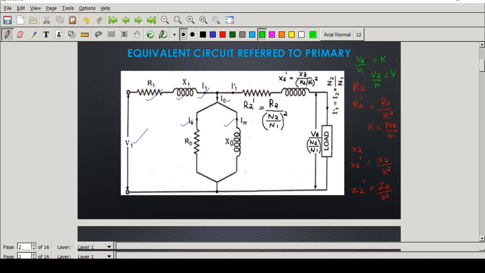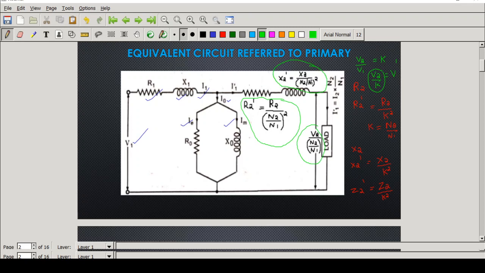So when you transfer the secondary voltage V2 to the primary, it becomes V2 by K, or V2 by N2 by N1, because K is equal to N2 by N1. And I already explained R2 dash is R2 by K squared, where K is equal to N2 by N1, and X2 dash is X2 by K squared.